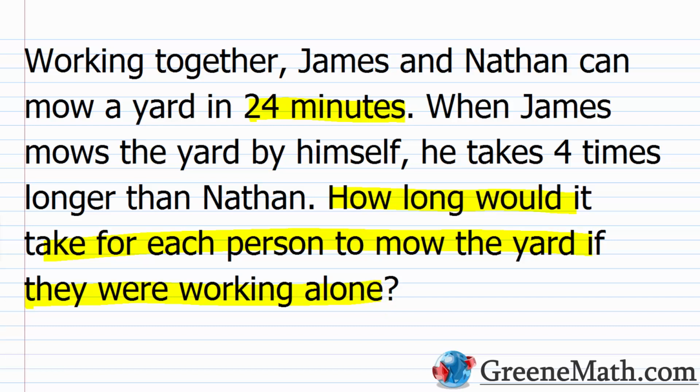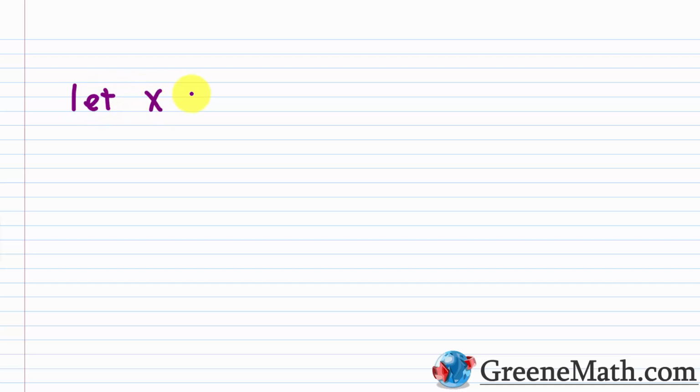We're specifically told that James takes 4 times longer than Nathan. So let's let x be equal to the amount of time it takes for Nathan to mow the yard by himself.